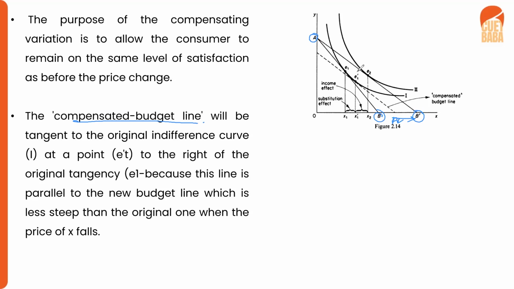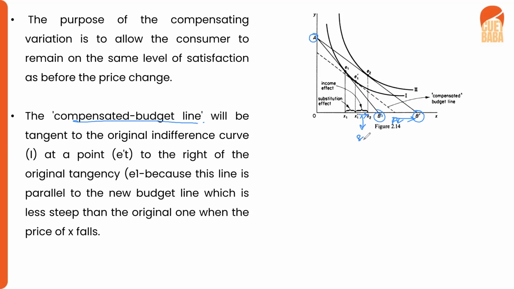So here we can see that the consumer is again shifting to point E1, but it remains on the same, earlier level of IC. So we'll be moving on to IC1, but the budget level would be in between. So here we can see the shift that is happening here.